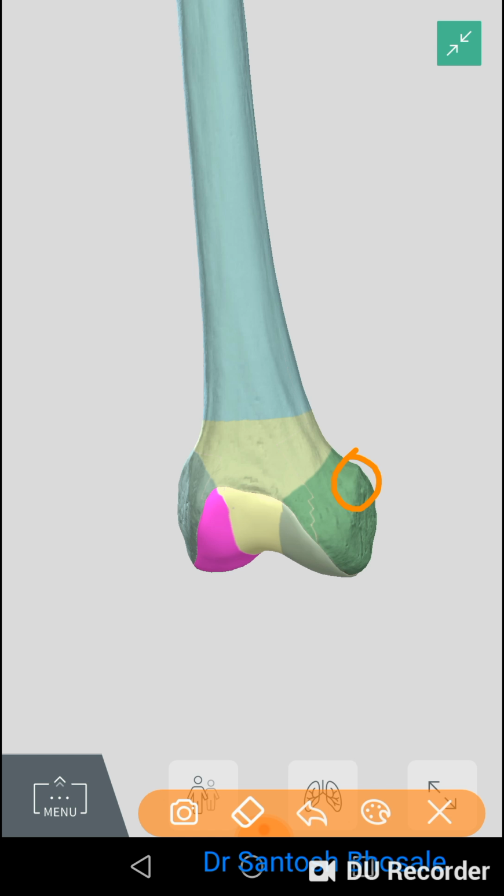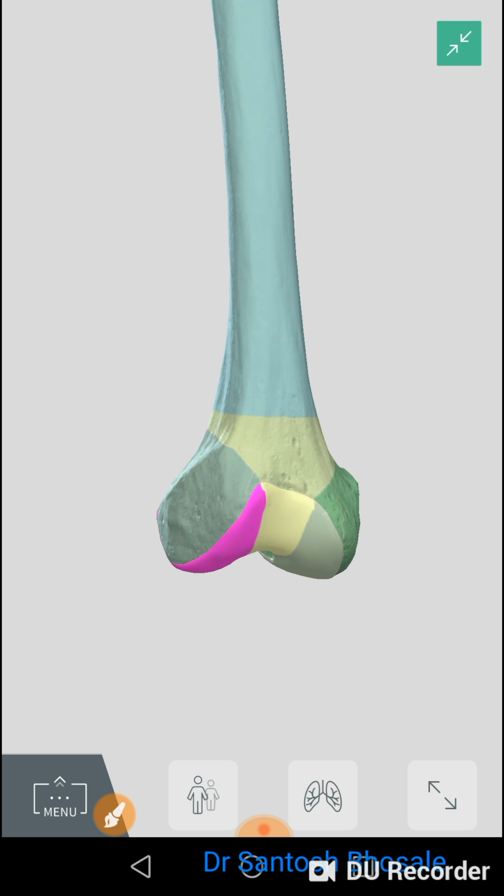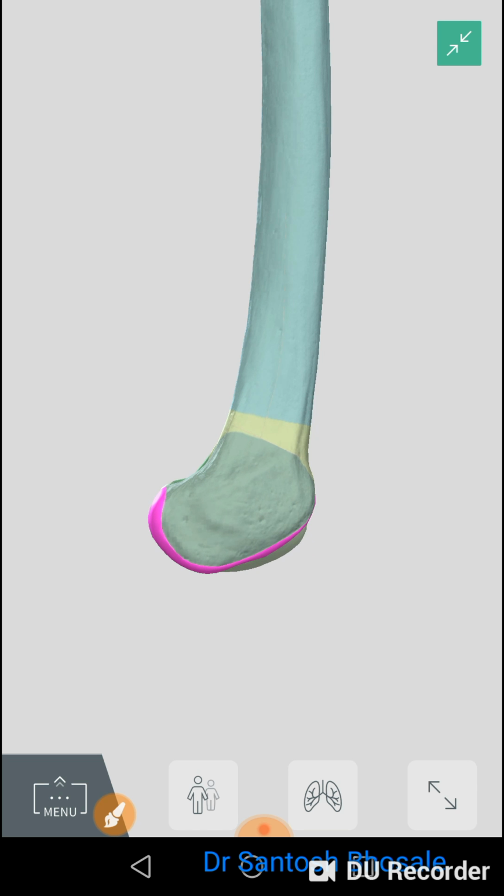This is the medial supracondylar ridge, medial epicondyle of the femur, and this is the adductor tubercle to which adductor magnus is attached, and the lateral condyle also presents a prominence that is called the lateral epicondyle, and you can see a groove for popliteus here on the lateral surface of the lateral condyle.